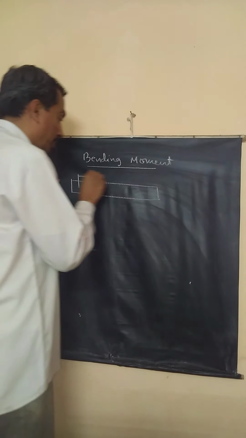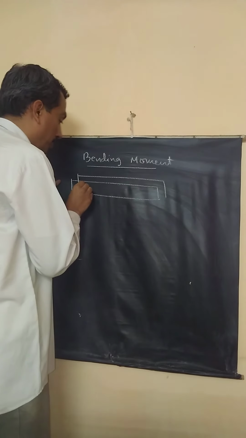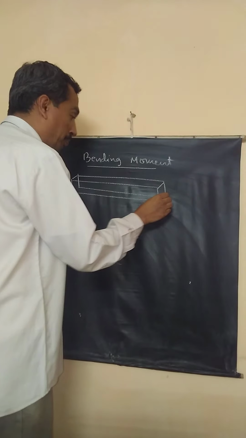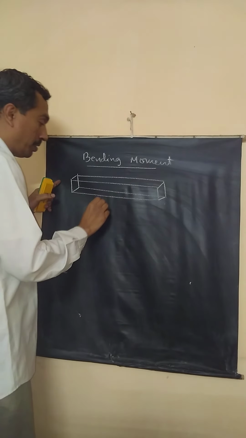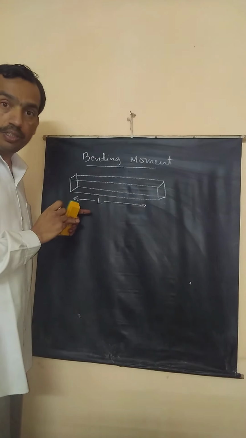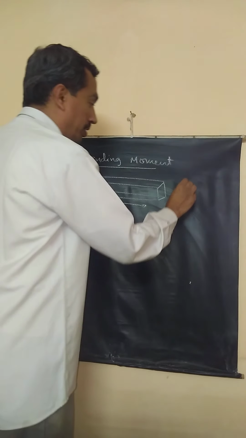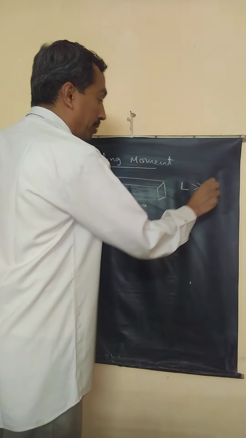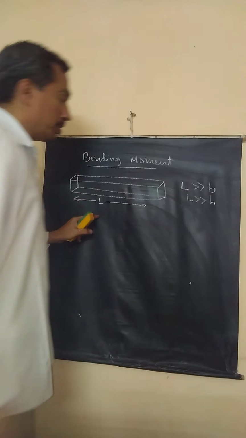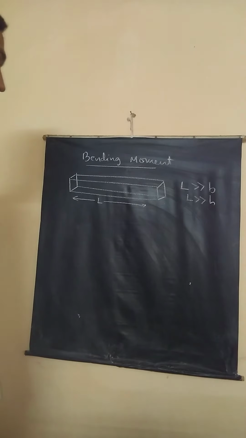A beam has greater length when compared to breadth and height. I can call this a beam because for this structure, length is very much greater than breadth, length is very much greater than height. So this qualifies to become a beam.